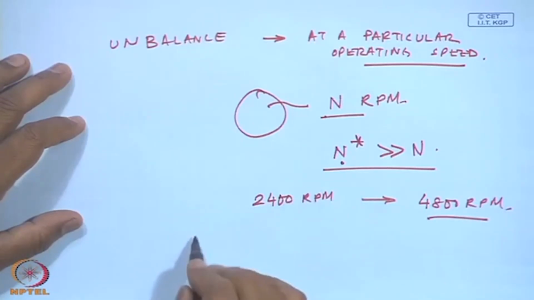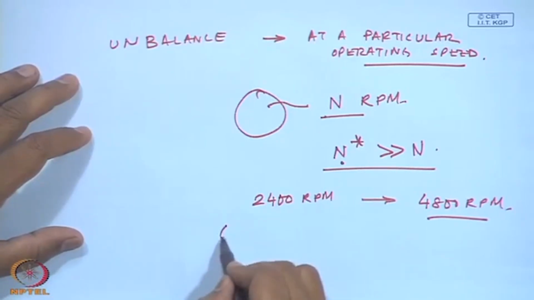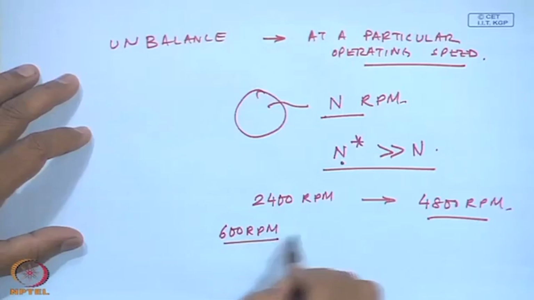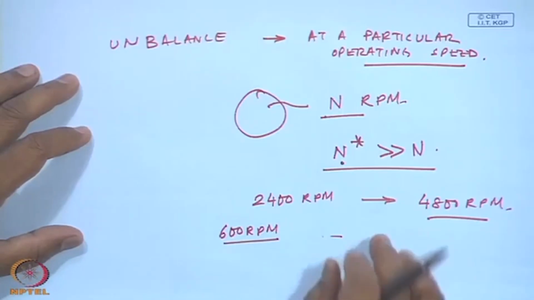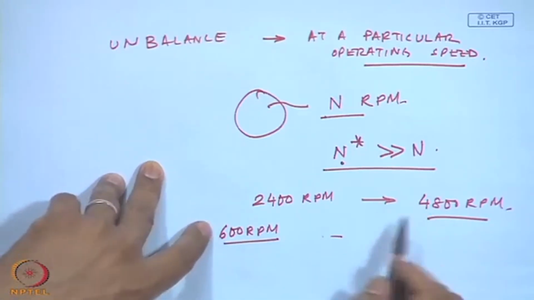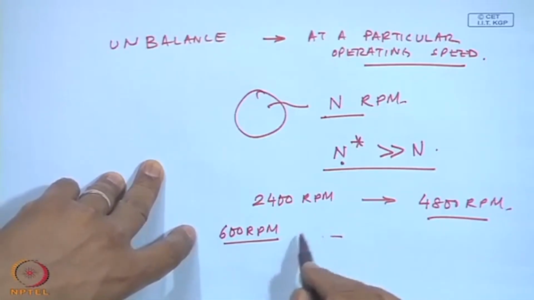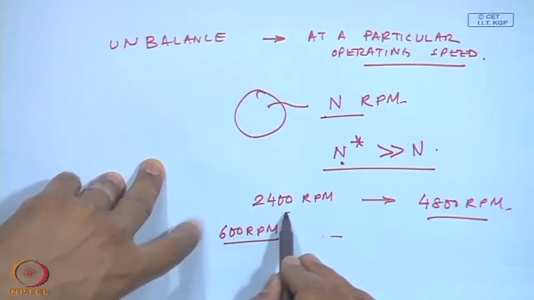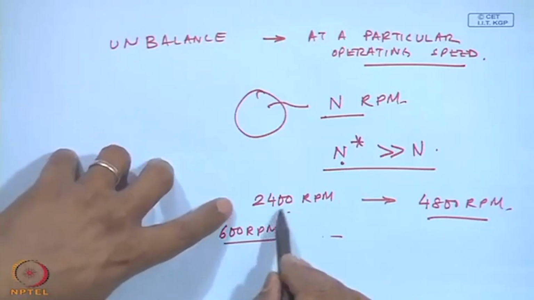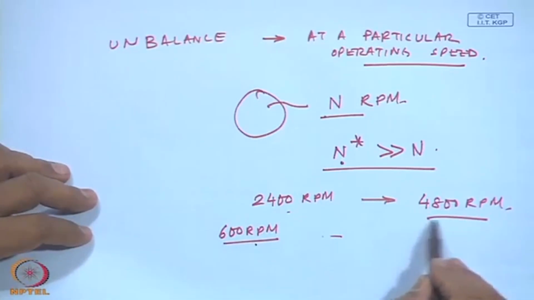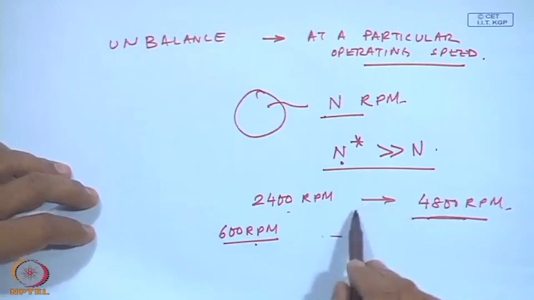The best rule of thumb is, if it is operating at 600 RPM, you also balance it at 600 RPM. But usually there is a problem that we do not have high speed balancing machines. So, usually people try to balance at a lower RPM and then operate at a higher RPM. But we have to be careful that we do not run it at too much higher speed than it was intended to be balanced for.